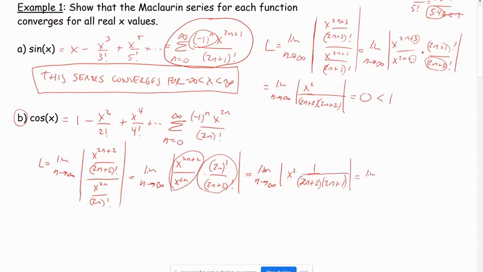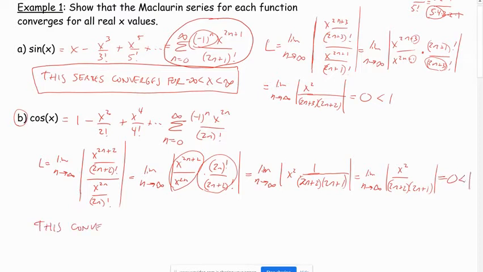And so we have the limit as n approaches infinity of x squared over 2n plus 2 times 2n plus 1. And as n goes to infinity, this limit again is 0 for all x. So this series converges.